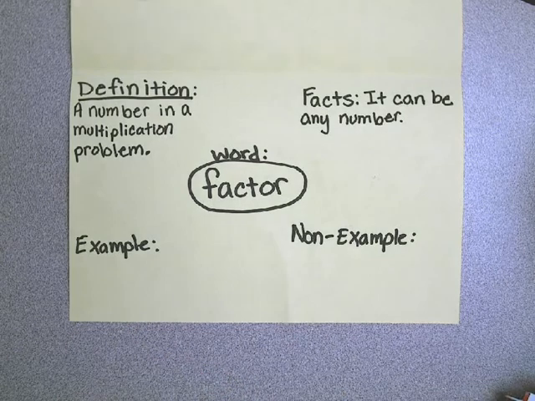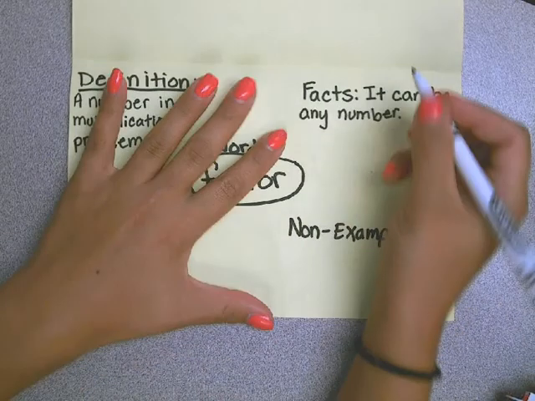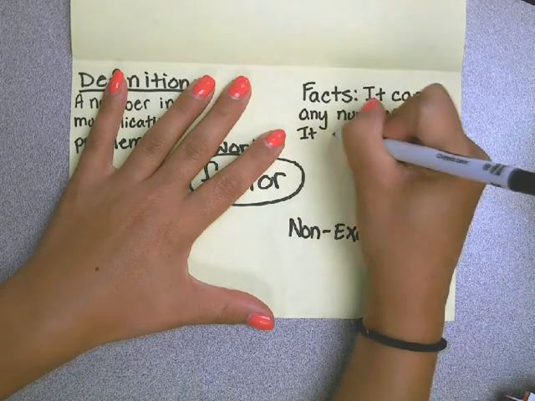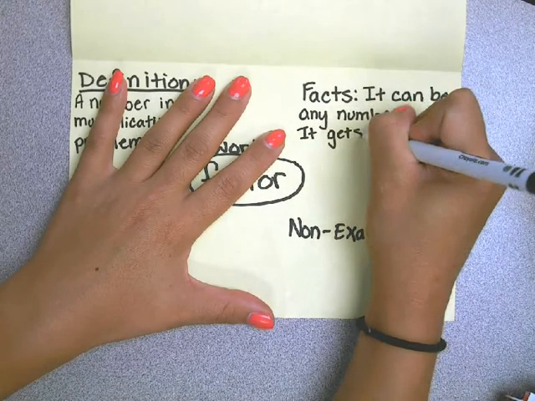Okay, Allison? It gets multiplied by 100. Yep, it gets multiplied.